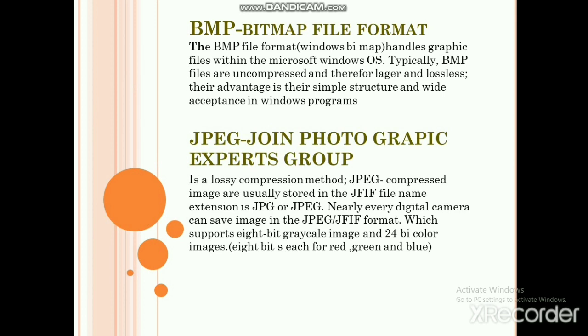Nearly every digital camera can save images in the JPEG or JFIF format, which supports 8-bit grayscale images and 24-bit color images, 8 bits each for red, green and blue.